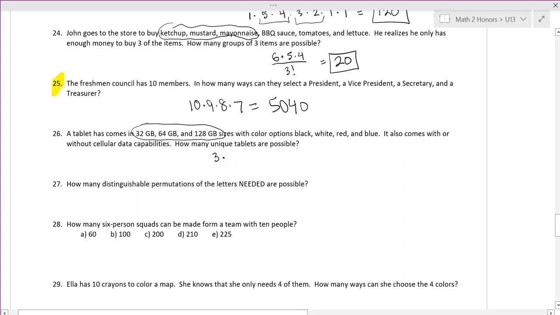You're going to pick a color: black, white, red, or blue, so you got 4 color options, so times 4. And then you have cellular or no cellular, so there's 2 options, and you multiply those together. And on 26, you're going to get 24 different combinations here.